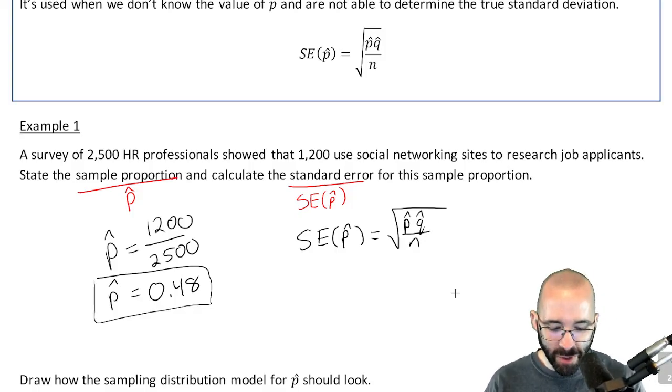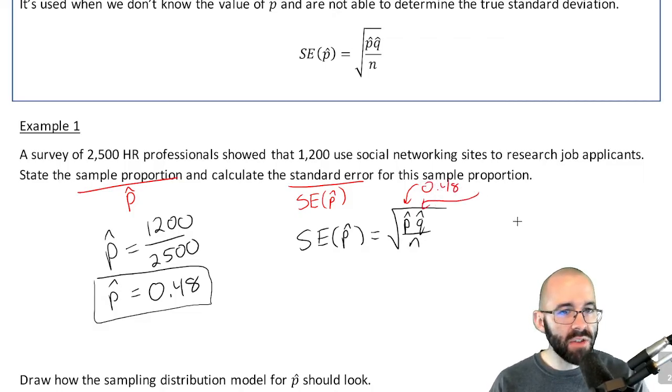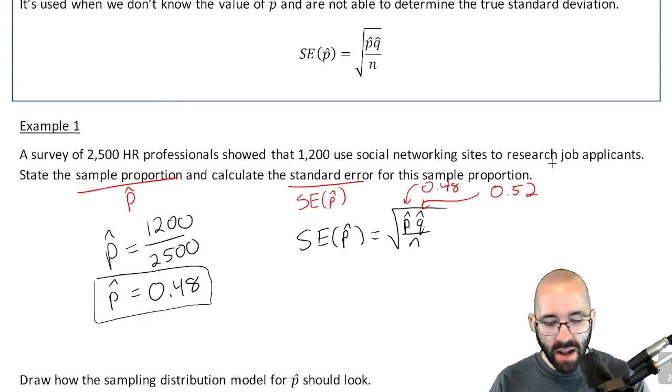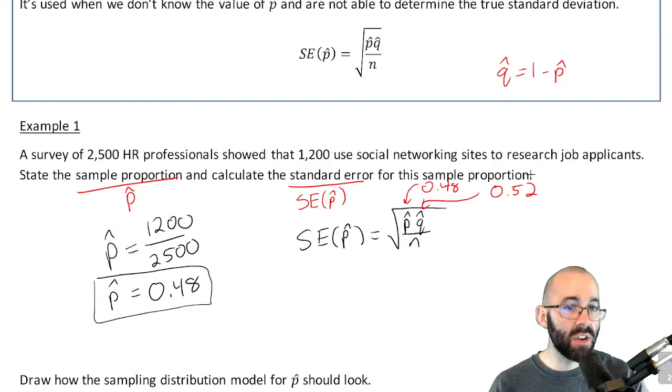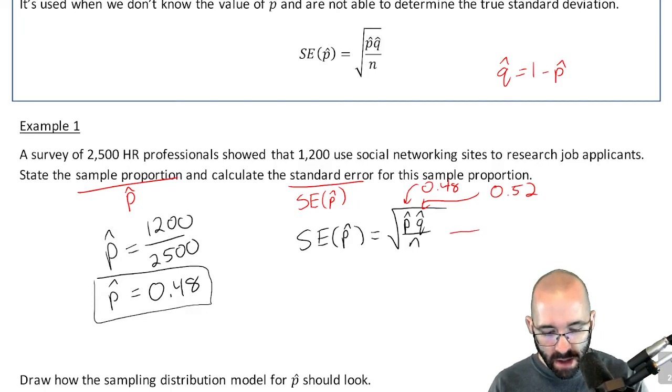So we know that p hat is 0.48. And we know that q hat is just what's left over. If 48% use it, then 52% will not be using it. And we also have those formulas, right? q hat is just 1 minus p hat if you prefer to use a formula instead.